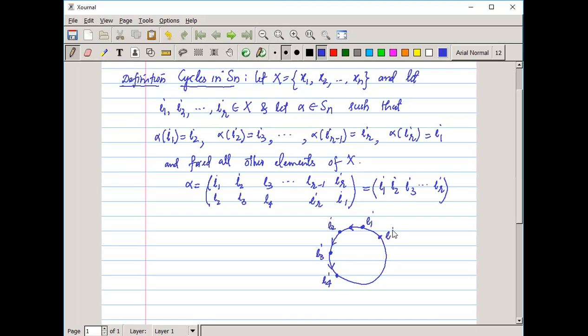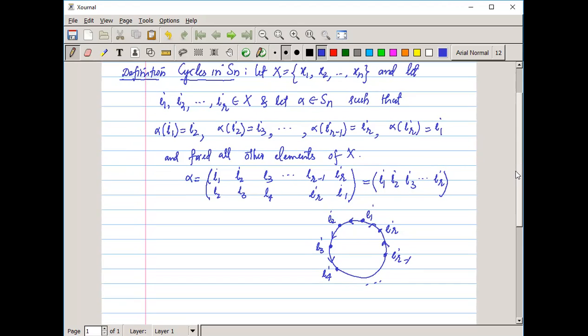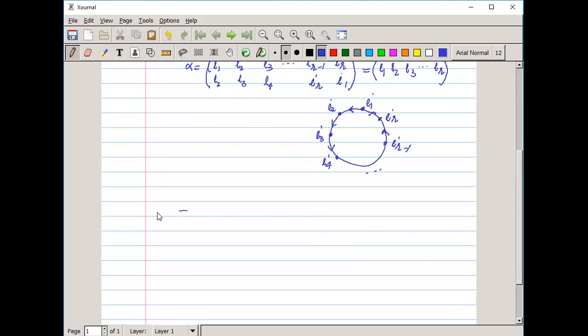And here we have similarly ir, which is the image of i(r-1). So under the cyclic representation of this cycle, i1 goes to i2, i2 goes to i3, i3 goes to i4, and so on. i(r-1) goes to ir, ir goes to i1, and then the cycle repeats. So these kinds of permutations are known as cycles.